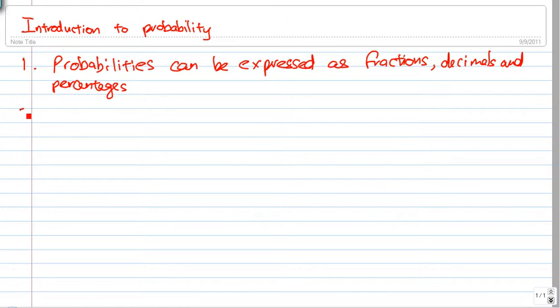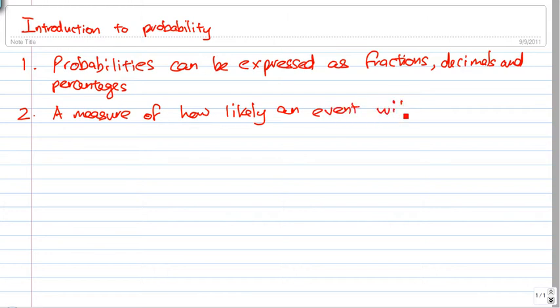Also, it is a measure of how likely an event will take place. It is normally denoted by the probability of an event.